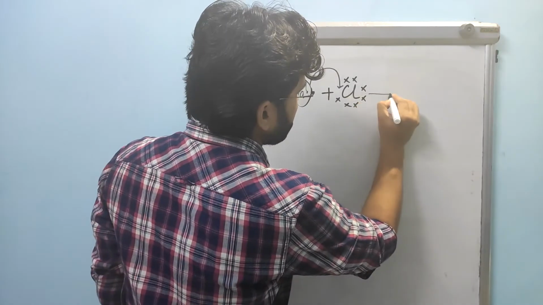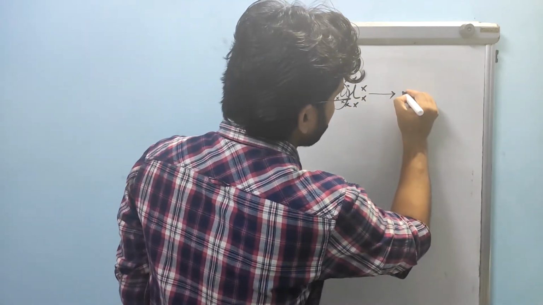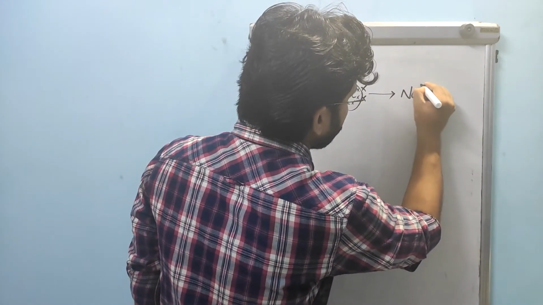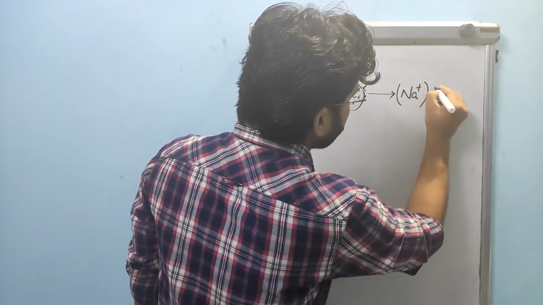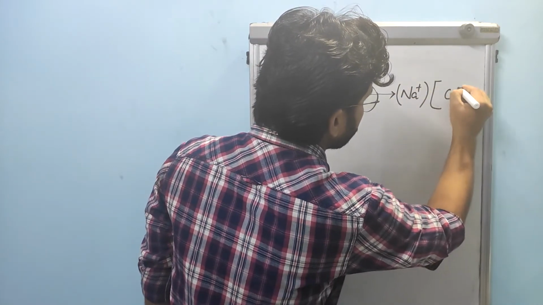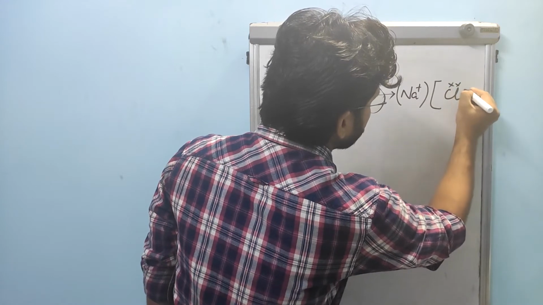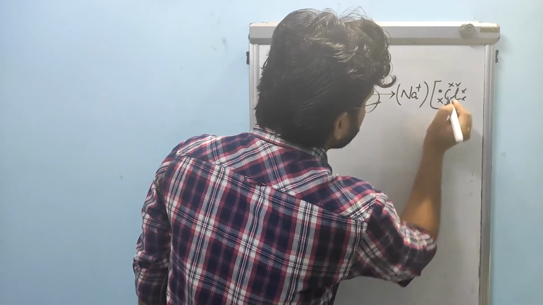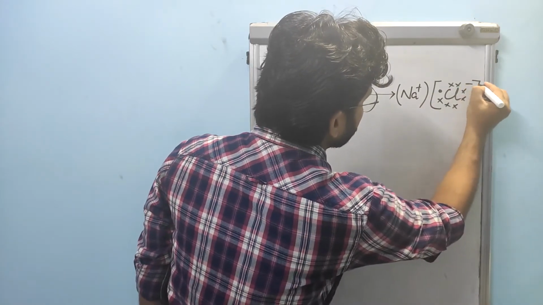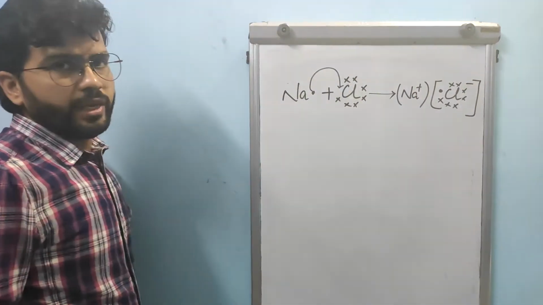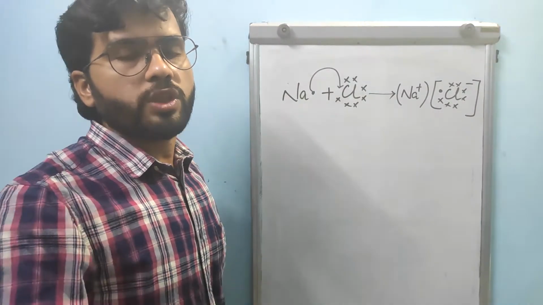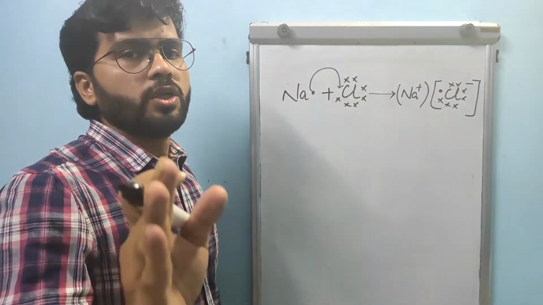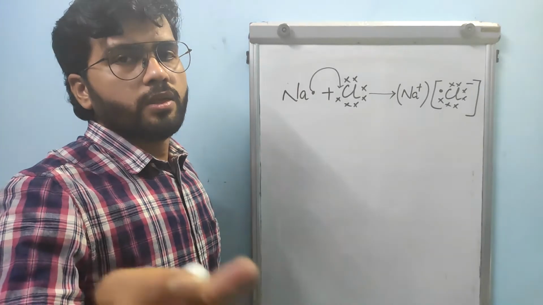Sodium gets converted into Na plus, and chlorine gets converted into Cl minus. As it has received one electron, we represent Na plus Cl minus. This is how you can show the formation of an ionic compound through transfer of electron.